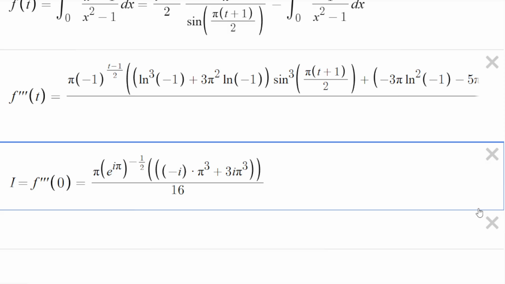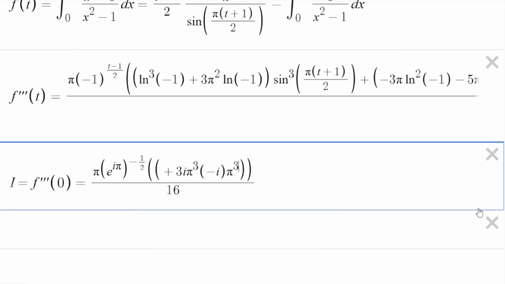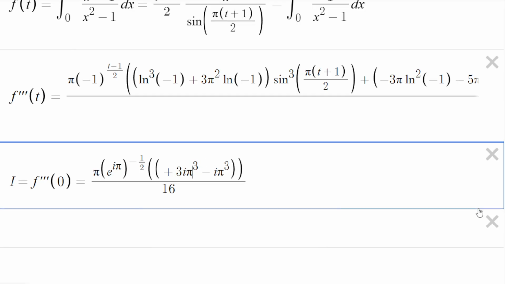Negative i, and I'm being very, very careful here. All right. Let's switch this. Let's put this over here. Okay, so now we have 3i pi cubed minus i pi cubed. That's 1 i pi cubed. So this is just going to be a total of 2i pi cubed.